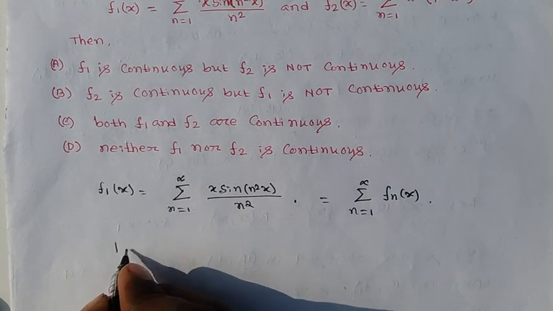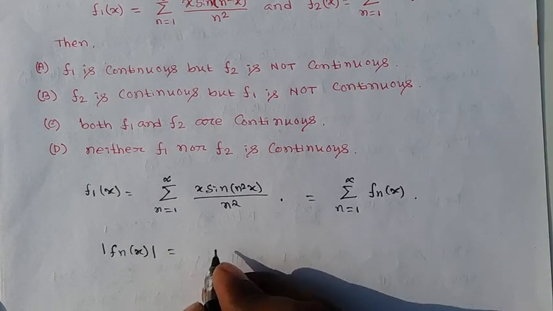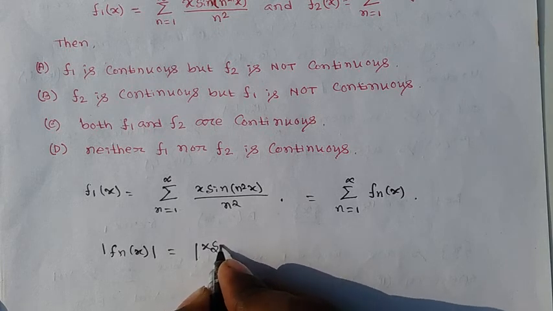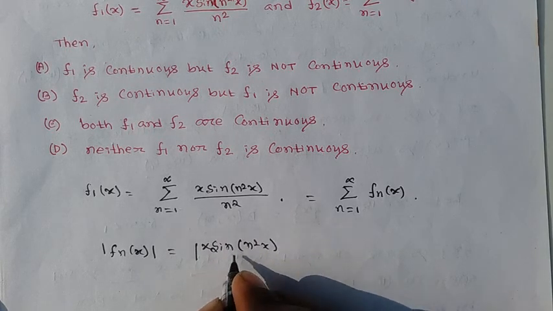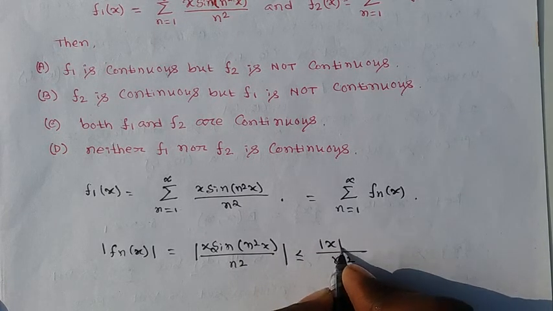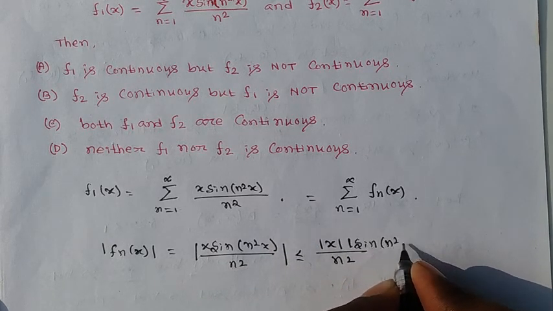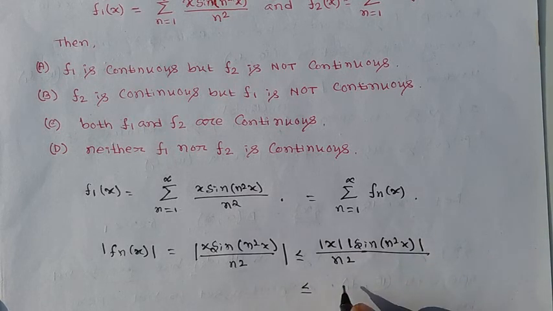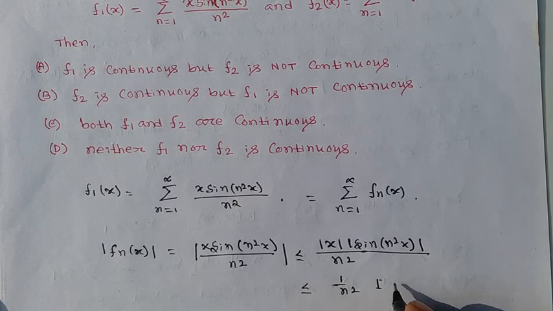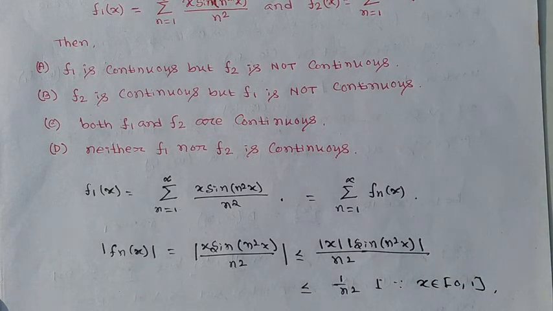Now mod of fn(x) is equal to mod of x sin(n squared x) by n squared, and this is less than or equal to mod x by n squared, and you know that mod of sin(n squared x) is less than or equal to 1, since x belongs to the closed interval 0 1, and you know that the greatest value of sin(n squared x) is equal to 1.